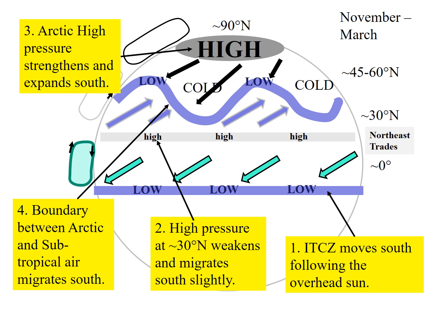Now at this time of year, the Arctic high pressure is very much stronger than the 30 degree north high pressure, and so it pushes the subtropical air southwards. It restricts the northern movement. Here in Gainesville, we know that these are the times of the year when it can get very cold. We can even get frosts in Florida because of this cold air pushing out.